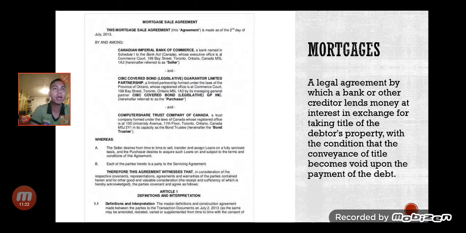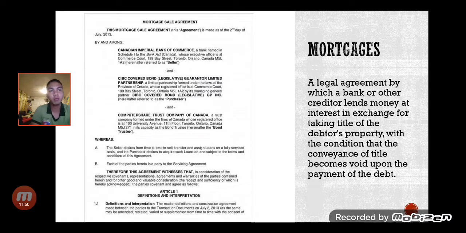So based on my understanding, mortgages are contracts with creditors or lenders such as banks or persons, in exchange for your valuable property as collateral. Failure of payment with interest will cost the debtor, the one who borrowed, his property.